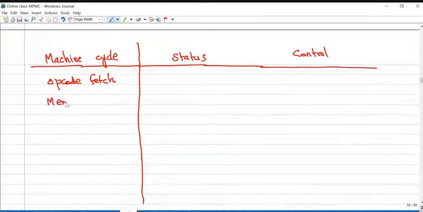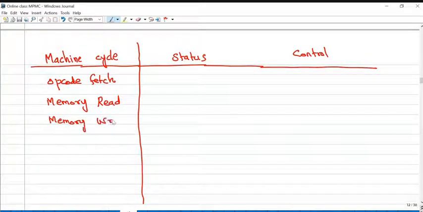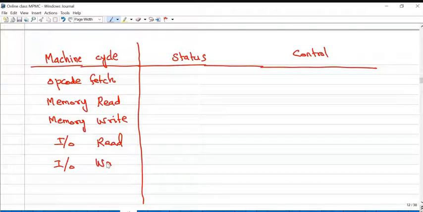And what other operations are involved? The processor sometimes needs to read data from memory, or write some information into the memory. Then the processor needs to read data from IO devices, and write data into IO devices. These are all called machine cycles.